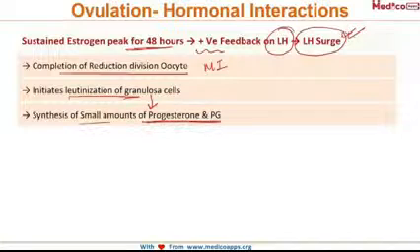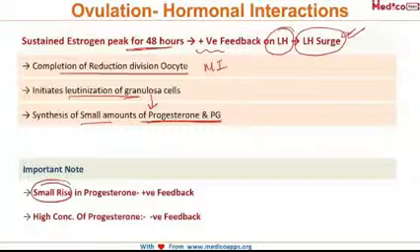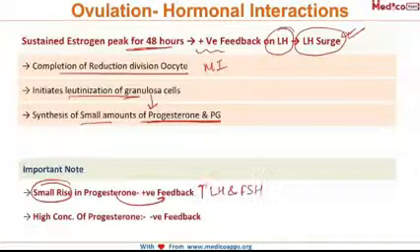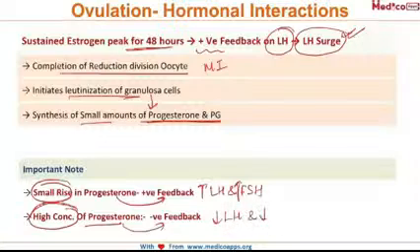Now, I have already told you that when there is a small concentration of progesterone, it leads to a positive feedback action on the LH and the FSH, subsequently increasing the LH and FSH values. Whereas a high concentration of progesterone has a negative feedback action on the LH and FSH, subsequently decreasing both the FSH and the LH.